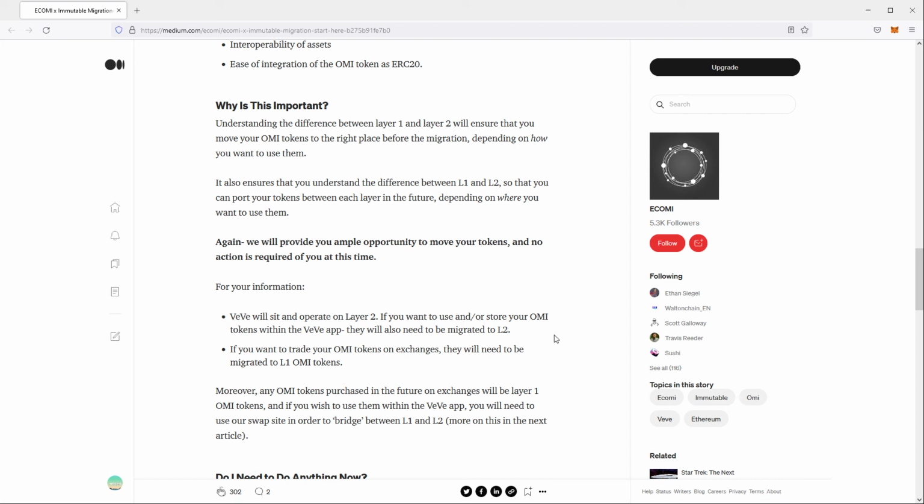You're now trading on layer one versus trading on layer two. Layer two is only directly on the app. So unless you're scalping or trading in the marketplace on exchanges, that's layer one.